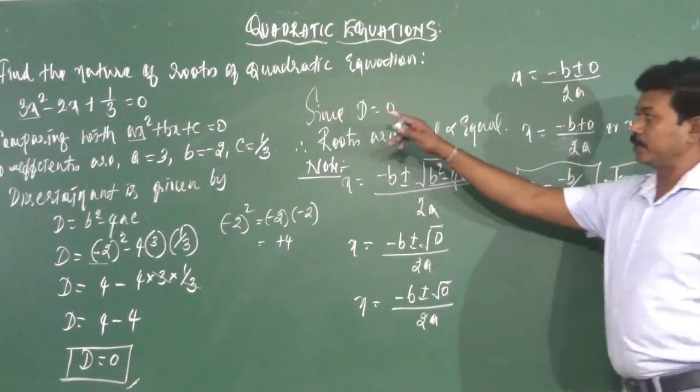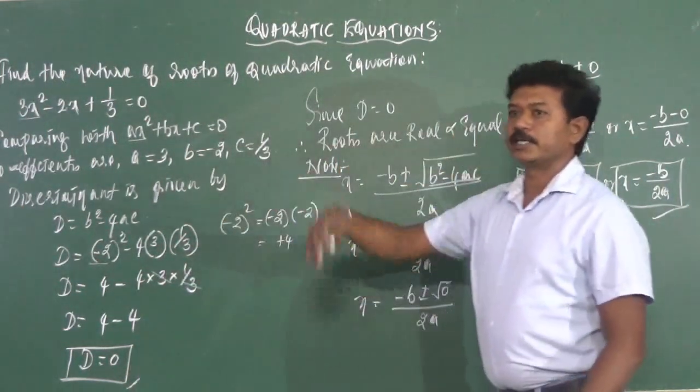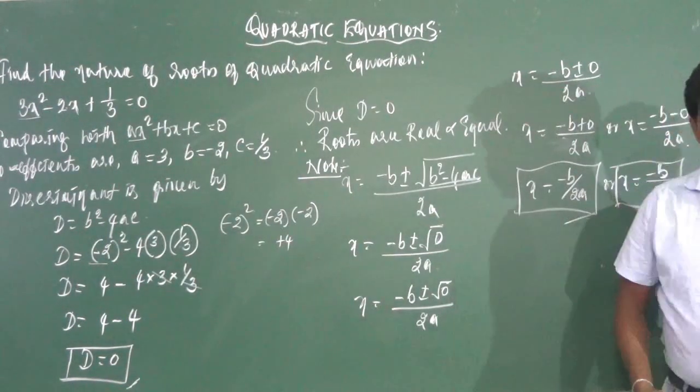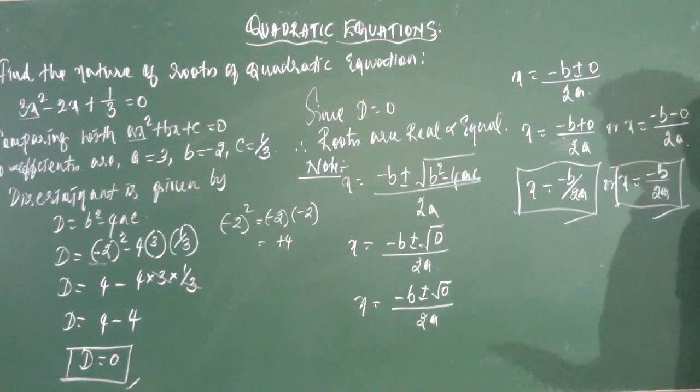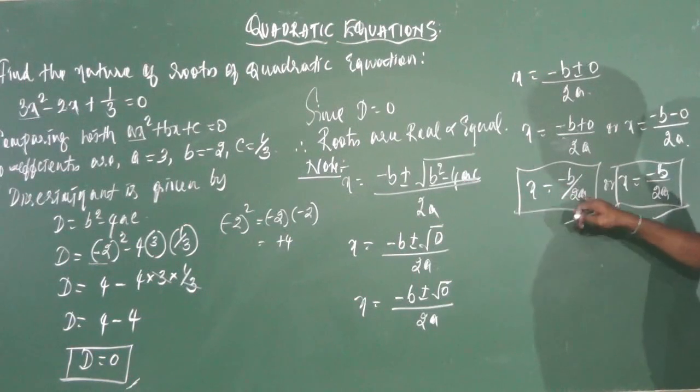So for a quadratic equation, if the discriminant value equals 0, then the roots are equal. Those two roots generally look like minus b by 2a and minus b by 2a.